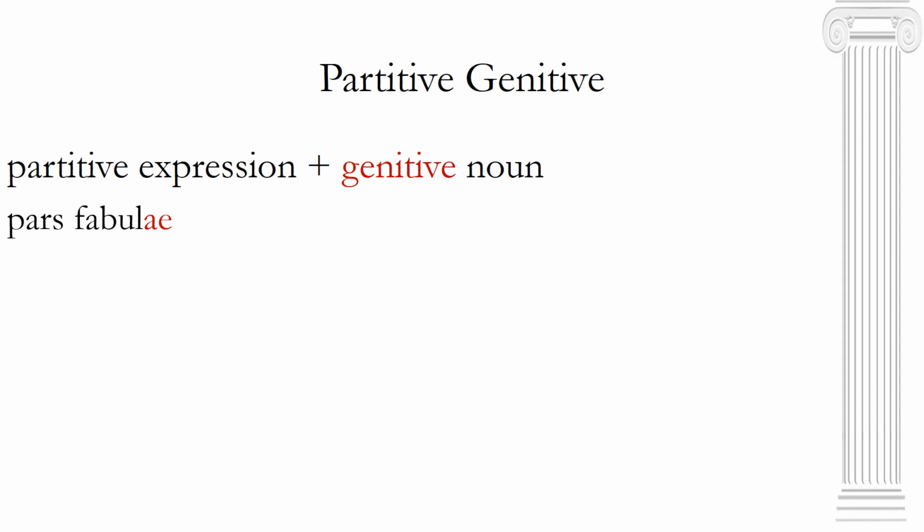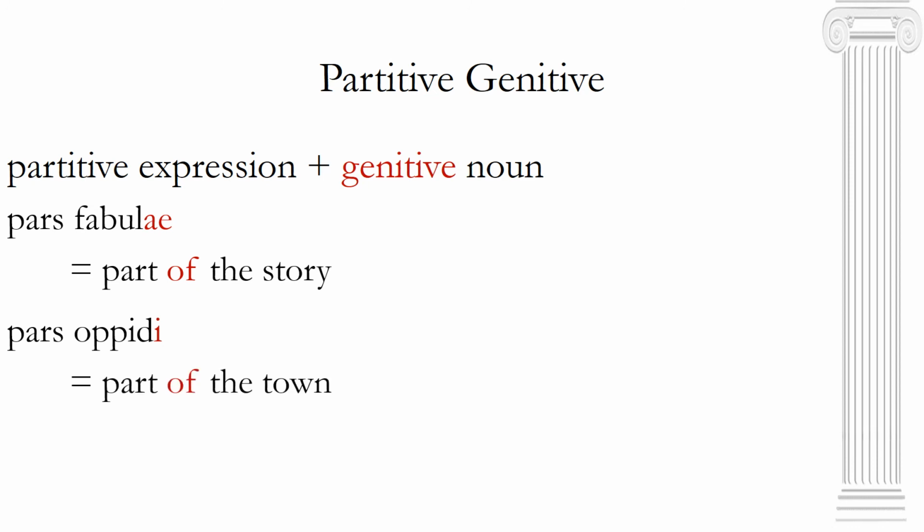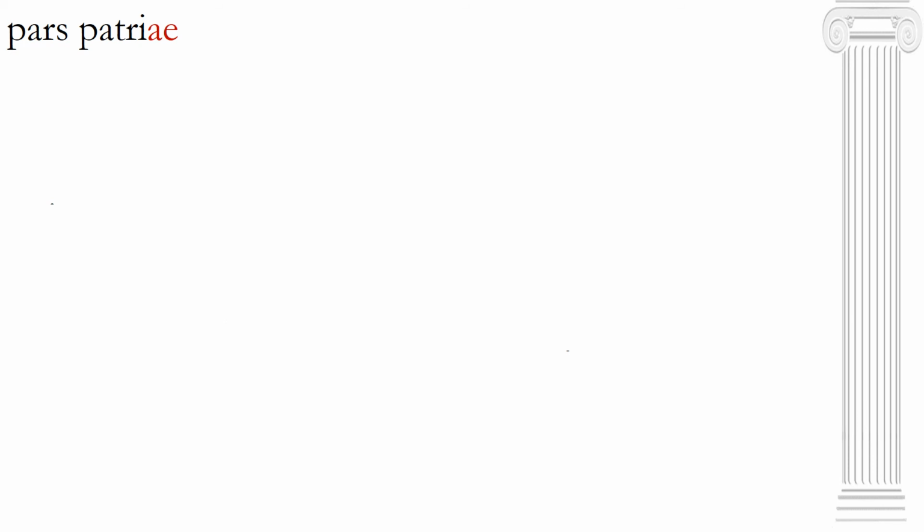So pars fabulae is part of the story. Pars oppidi is part of the town, and everything you see in red is genitive. Pars urbis is part of the city. Pars patriae, pars libri, okay, part of the country, part of the book.